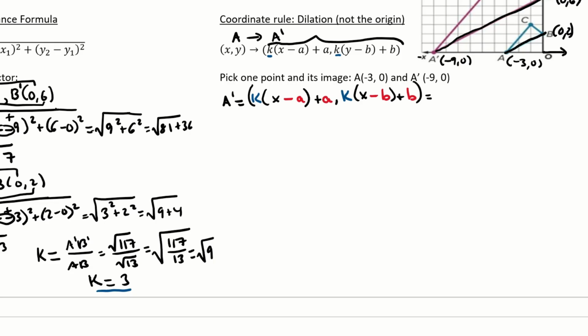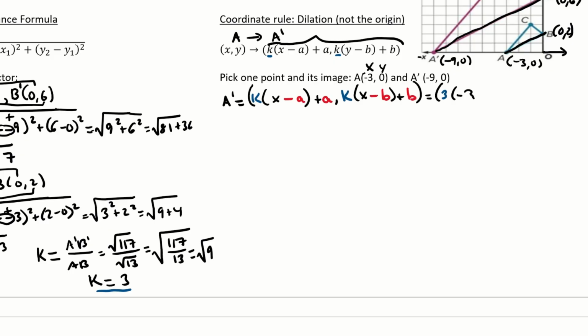We got 3 times x minus. Actually, what we're going to do, instead of putting x here, we're going to actually replace x. So we know that this is x and this is y, right? So we're going to plug this in. That's x, and then that's y. So we're going to plug in the values for x and y instead of putting x here.